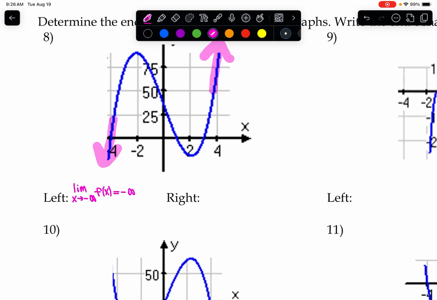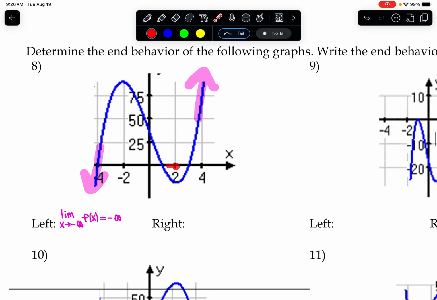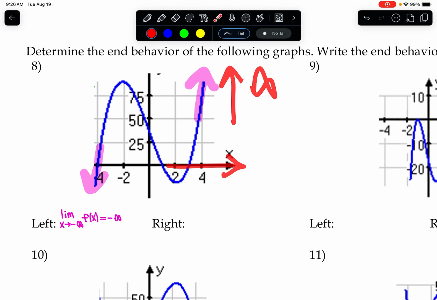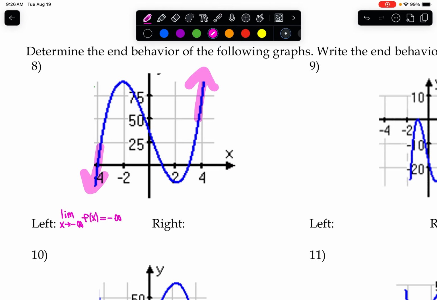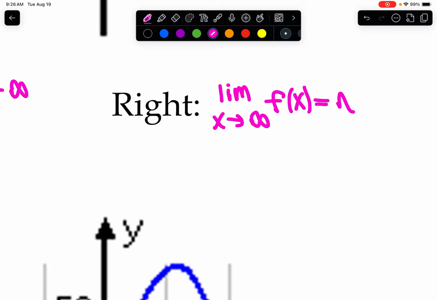Now looking at the right side, as my x value is increasing, my y value is increasing. So it would go up towards positive infinity. How I would write this one is the limit as x is approaching positive infinity of f of x is going to equal positive infinity.